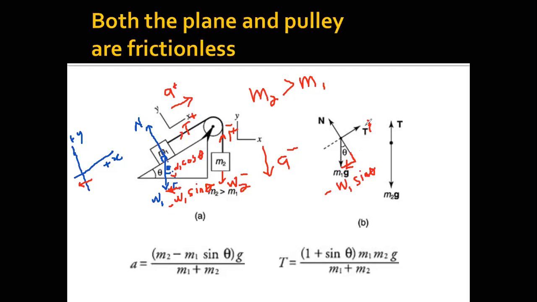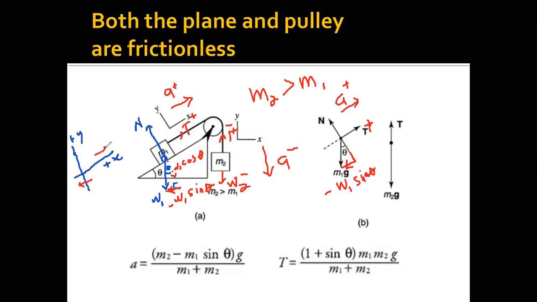Whilst T is going forward, W1 sine theta repels the tension, which is negative. We have acceleration A, which is positive because it's moving to positive X.